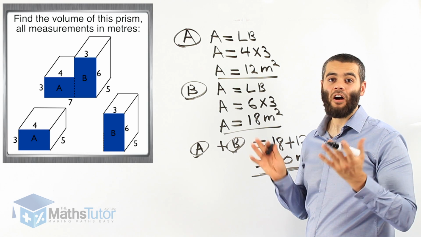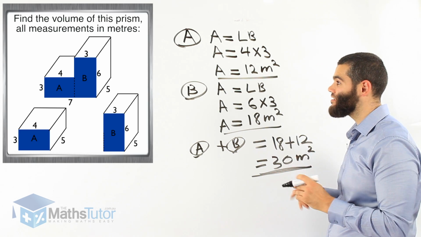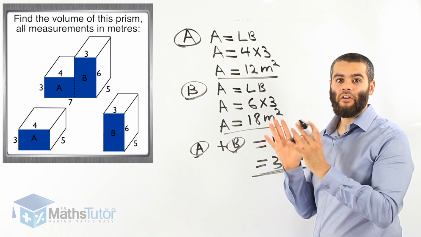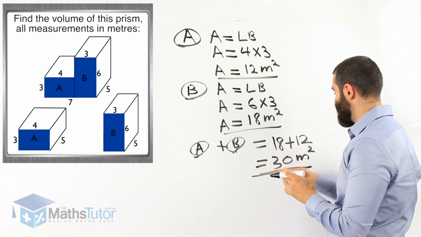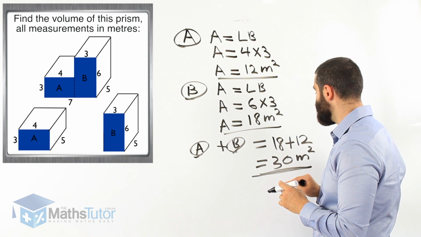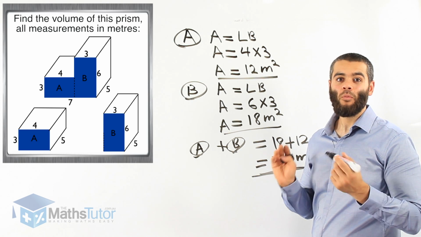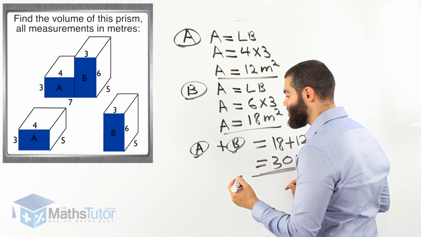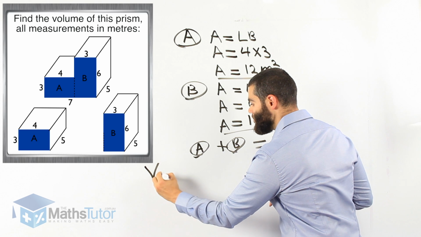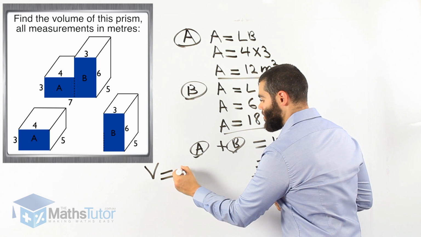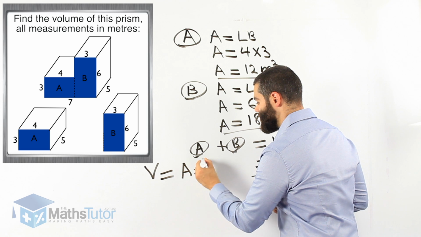Now we found the area of the cross section. It was easy. The area of A, the area of B, add them up, we have 30 square meters. Now we need to find the volume. Well, volume is easy. Area times height.